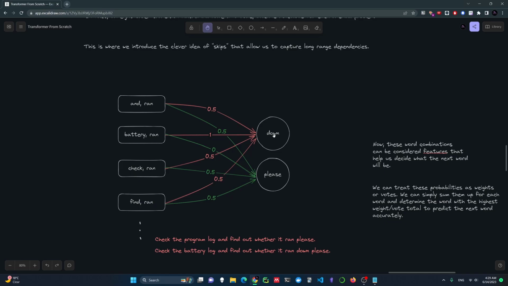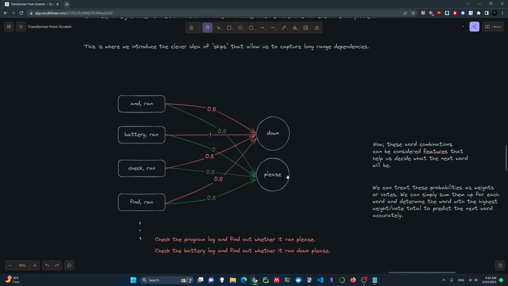So if we want to see what is the total weight for the word down, right? So based on all these skip word combinations with ran, right? It ran, whether ran, outran, find ran, right? We can have all of these word combinations and we simply sum up. So for the word down, we will add 0.5 to 1 to 0.5 to 0.5.